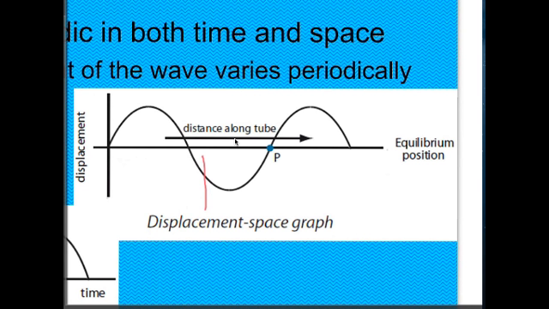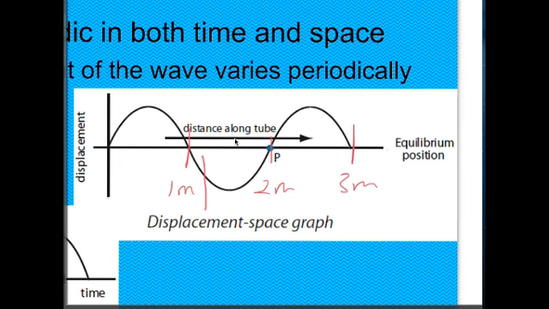If this is some distance, this is, let's say, 1 meter and 2 meters and 3 meters, you're seeing that graph, and this is at one specific time frame. So one specific time along the length of your wave, you have a series of crests and troughs.